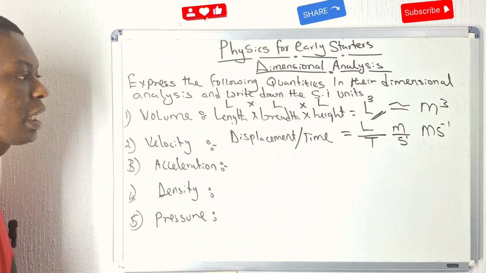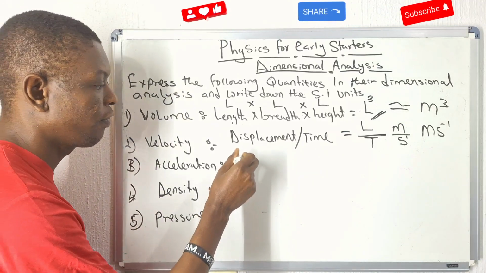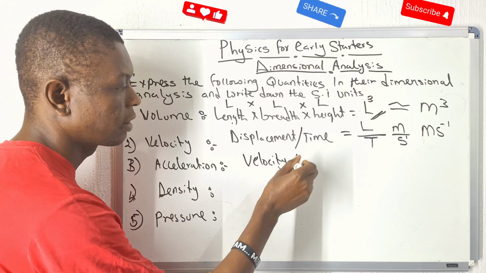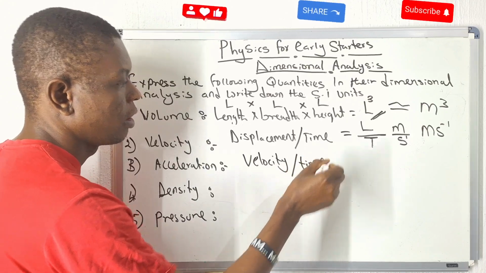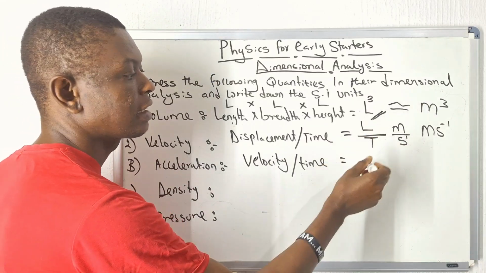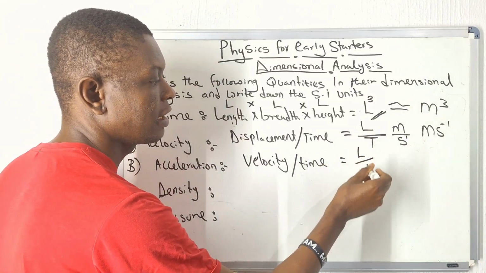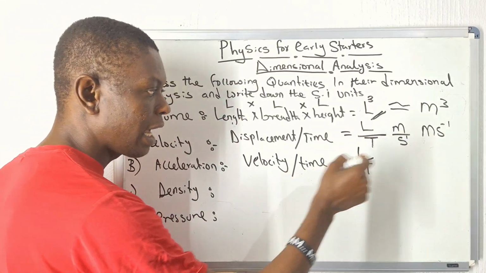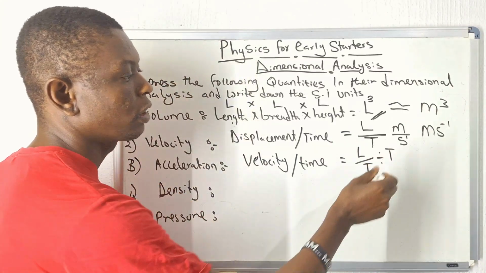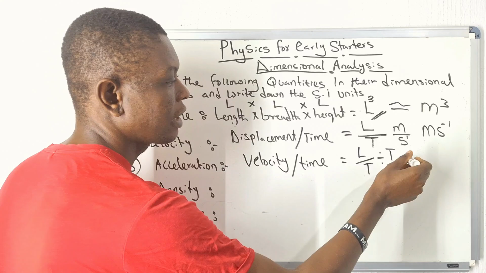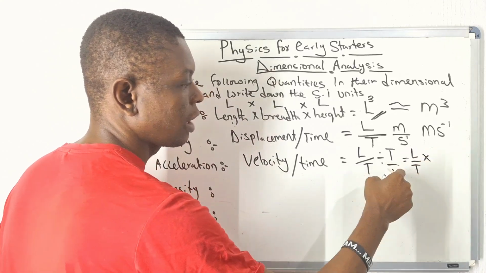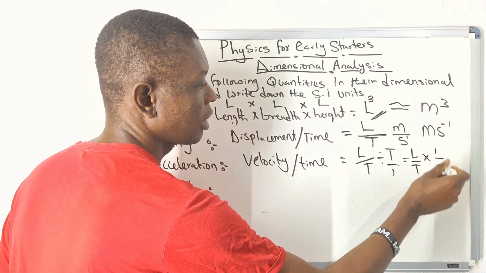So now acceleration. Acceleration is rate of change of velocity over time. Now, from here already, we know our velocity is L over T. Now, divided by time. So, divided by T. According to the law of mathematics, we can put a 1 here, and this becomes L over T times 1 over T. Now, this 1 comes up, and the T goes down.